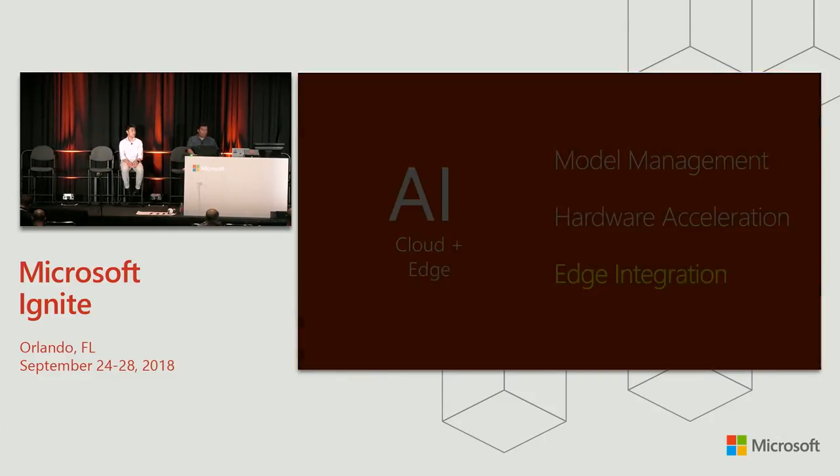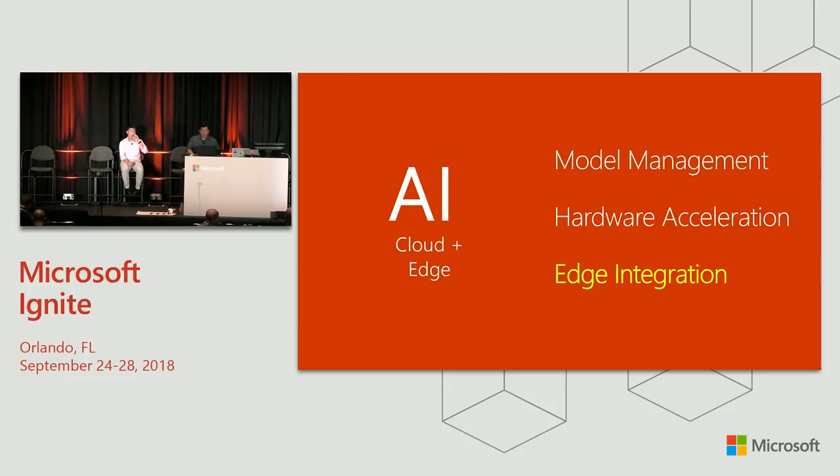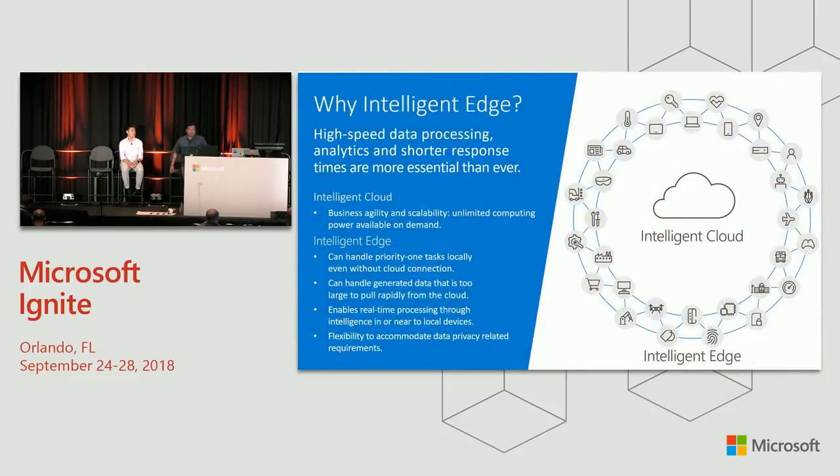Now, the edge is an interesting beast because more and more we're seeing people wanting to deploy to the edge. Why do people want to deploy to the edge? There are many reasons. Sometimes it's just business agility and scalability. The ability to have unlimited computing power available on demand is what the cloud provides you, but you sometimes don't care about that much amount of power.